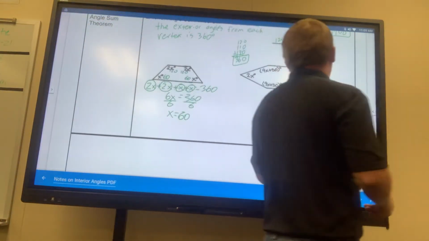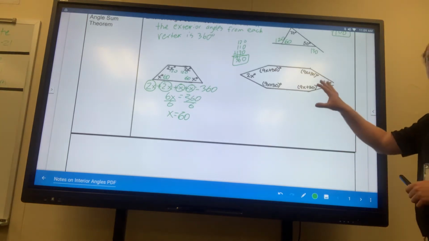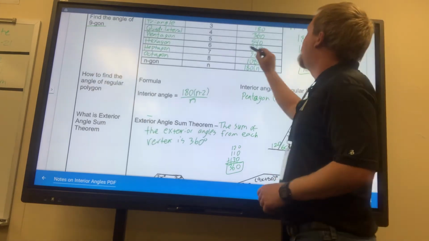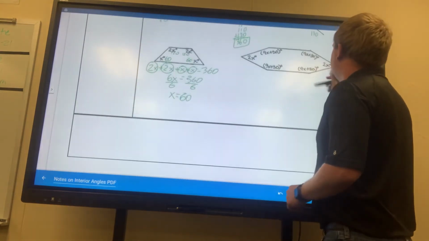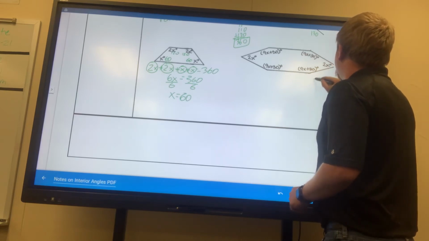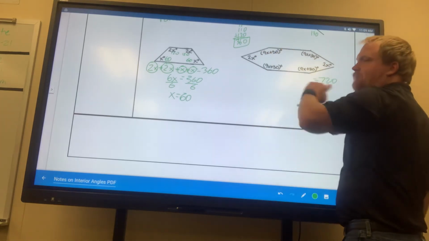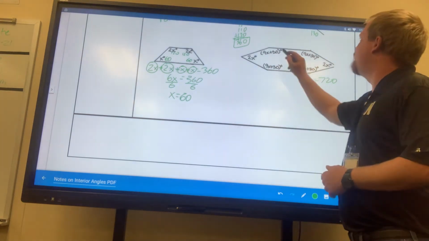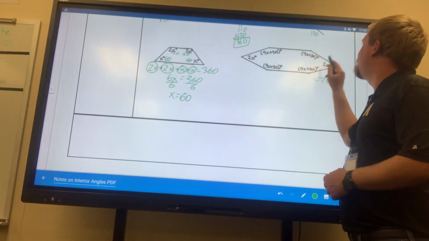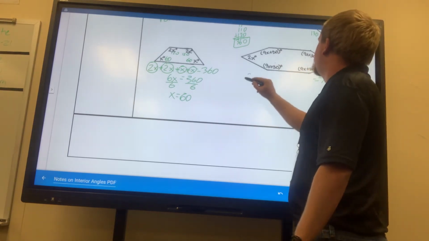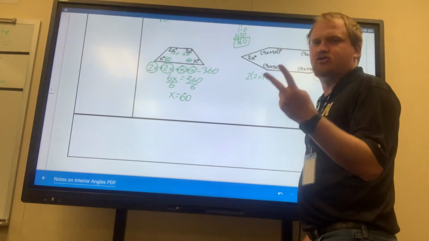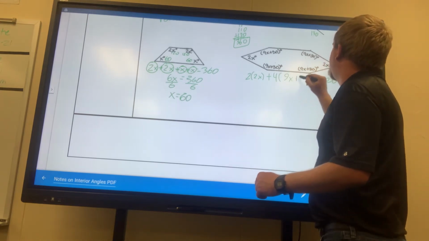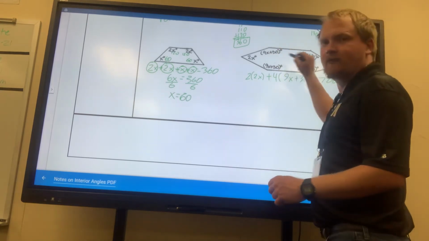Now, next we have a hexagon. We know the total angle of a hexagon happens to be 720. If I add all these up, I should be able to solve for x. But to make it simpler, because I know that these four are the same and these two are the same, I'm just going to say 2 times 2x, because there are two 2x's, plus 4 times 9x plus 30, because there are 4 of them.